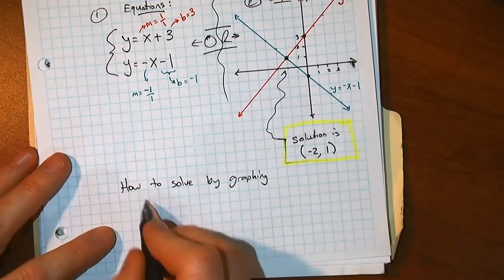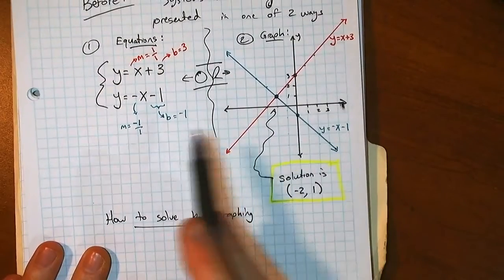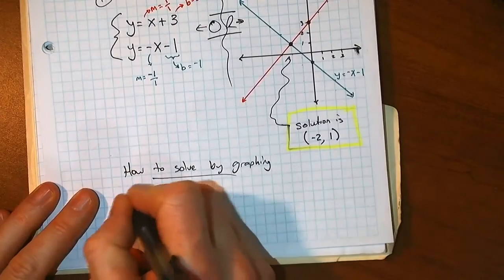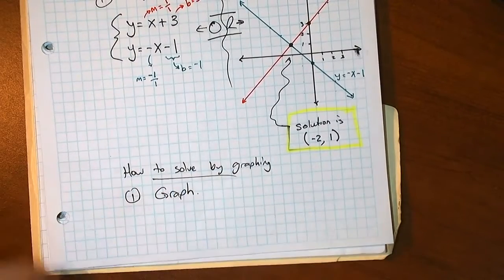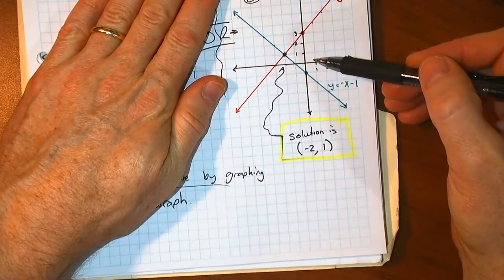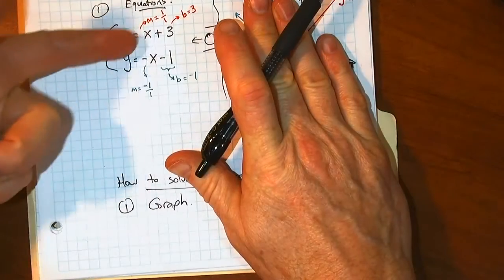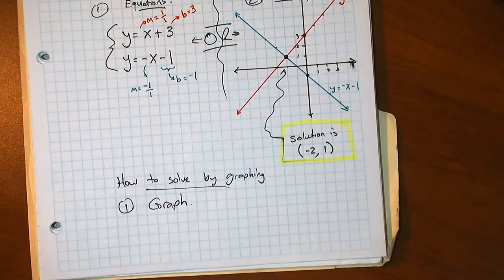Okay, so we basically have this in 3 steps. And actually up here, I only did 2 steps. So we'll talk about that 3rd step in just a second. But step number 1 is you need a graph. So if they give you the graph to begin with, then step number 1 is done. You're good. If they don't give you the graph, then you've got to find your slope, find your y-intercepts, draw your graph. So that's step number 1, get a graph.